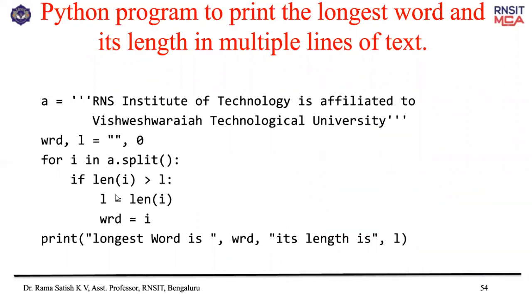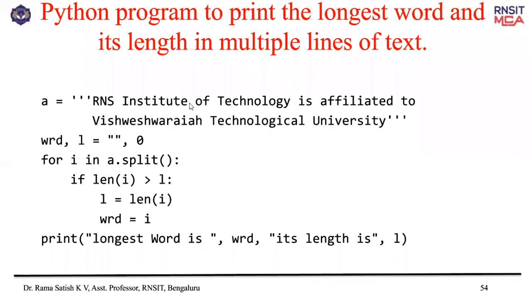Now if the length of the I is greater than L, in this case, what happens? The length of L is 0. If it is greater than 0, then what happens? The first word length is RNS, that is 3. 3 is greater than 0. So what happens? 3 will go and sit here.